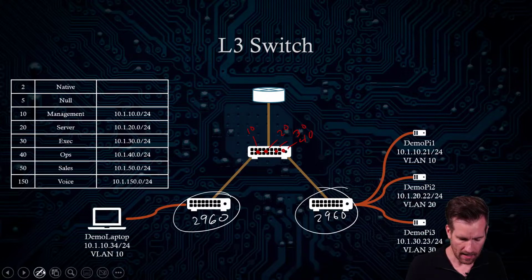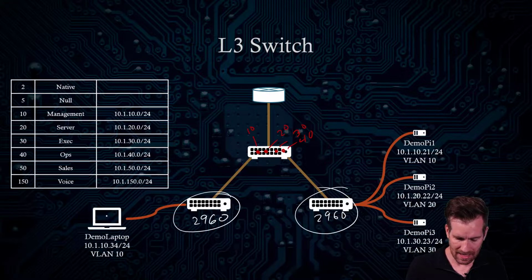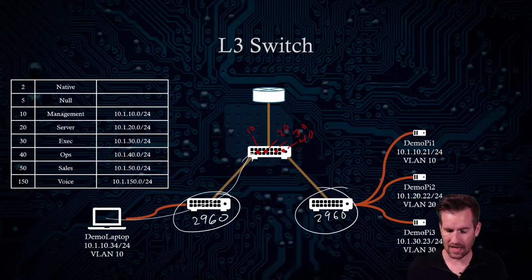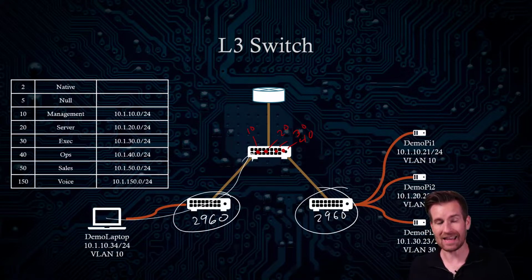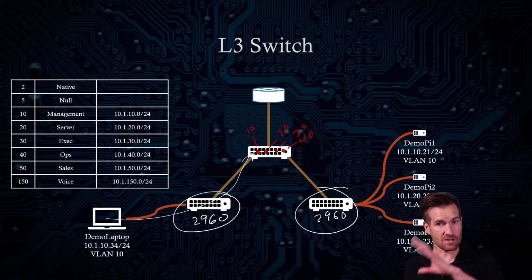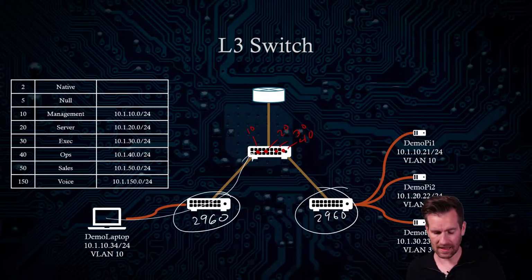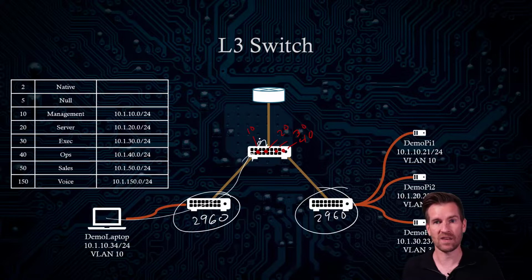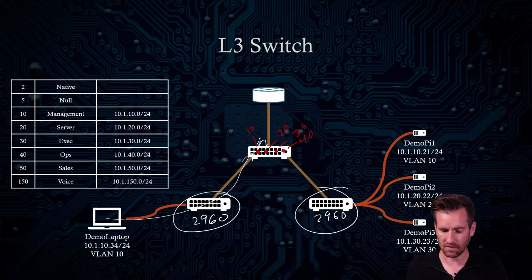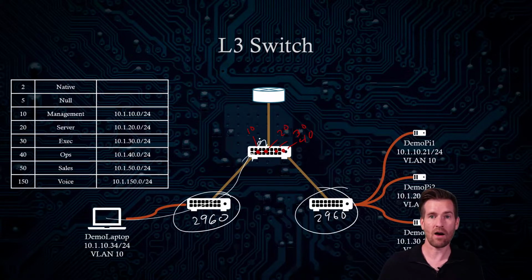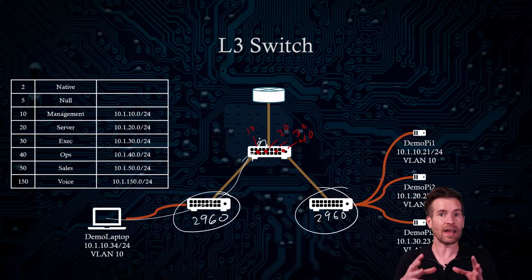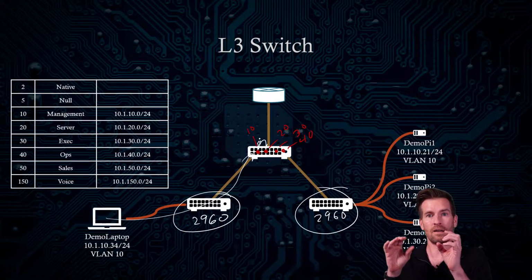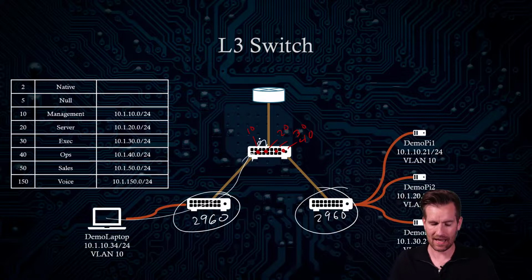So when a frame comes in to the switch, and the packet needs to go to another VLAN, then it will move it from one VLAN to the next using these SVIs, these switch virtual interfaces. So that's essentially how it works: you have a routed interface in the form of an SVI on the back end, and it is routing between those.